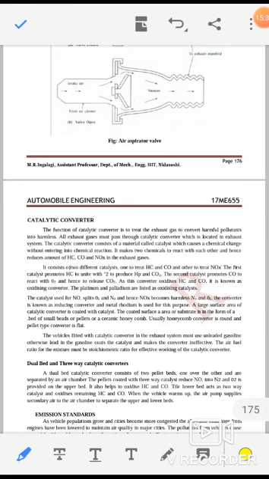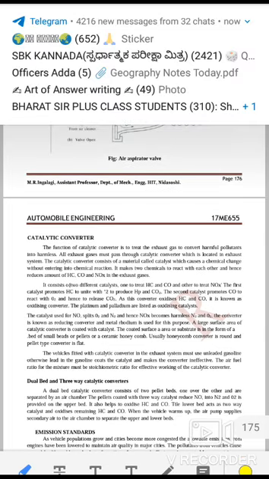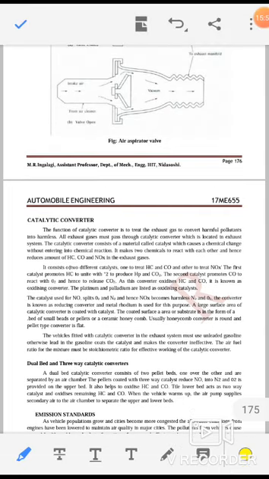As this converter oxidizes HC and CO, it is known as an oxidizing converter. Why? Because oxidation takes place, and the hydrocarbon and CO will be converted into CO2 and H2O.